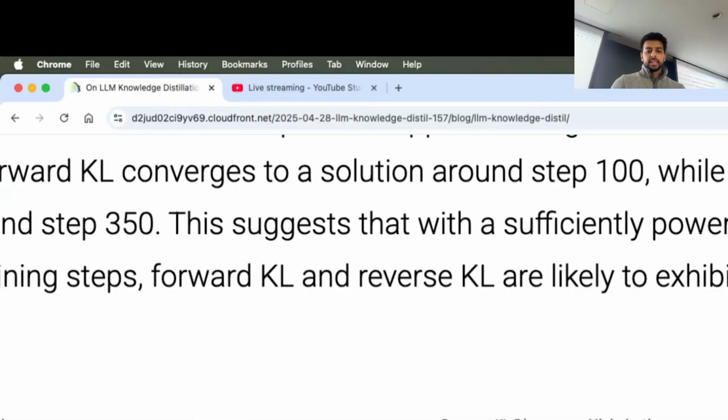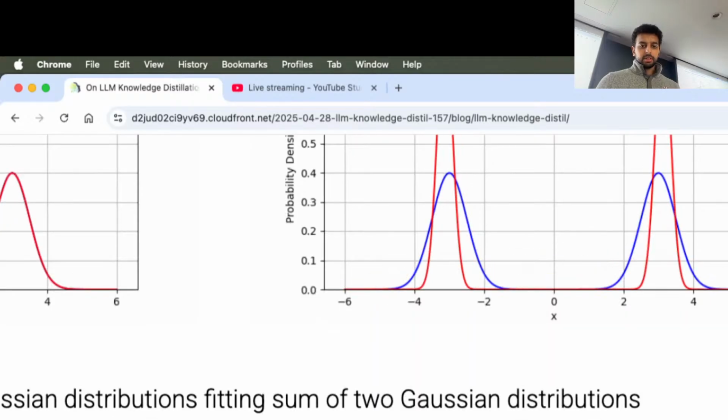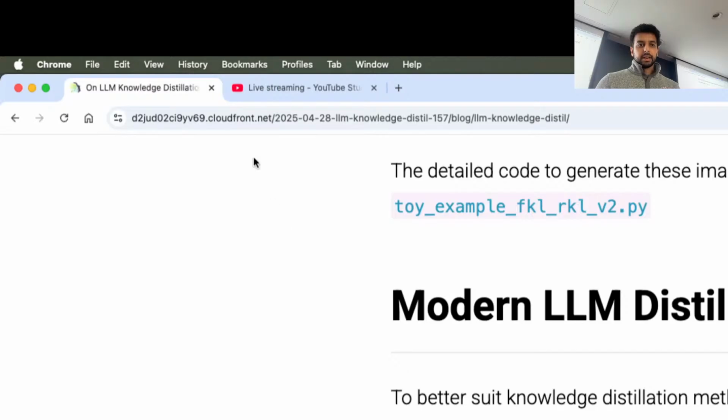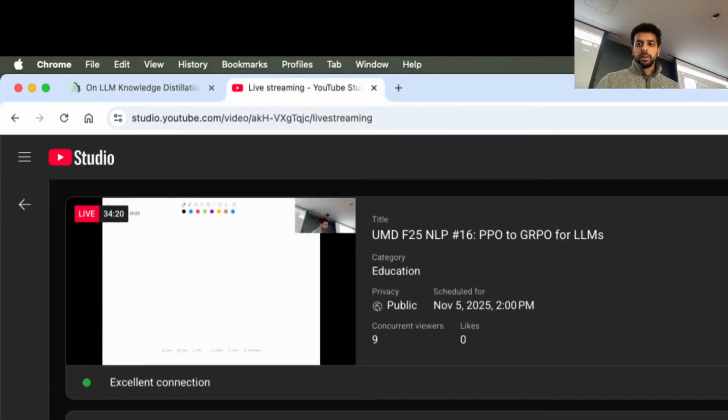The idea is that we don't want our model to try and imitate all of the SFT model's behavior. That just might not be possible. Instead, we would like the model to find a solution that maximizes the reward, but is also somewhat probable under our SFT model. I think I messed up these animations somehow, but that's the general intuition that we wanted to discuss.